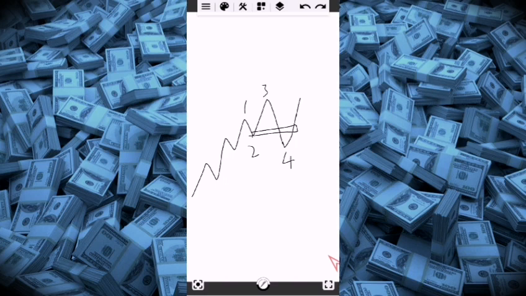The moment you see price making a reversal right there, a reversal which is at least equal or less to your number 3 reversal, not more than that, right at this point is where you take your sell trade. That is where you see price spiking down.